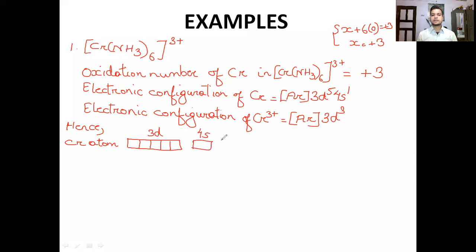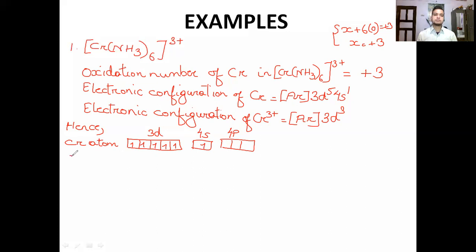And after 4s comes 4p. Although it is empty, we need the empty orbital, as I've already told you. Now if I draw the configuration, 3d5 will be 1, 2, 3, 4, 5, and 4s1. So that is the configuration of the chromium atom.